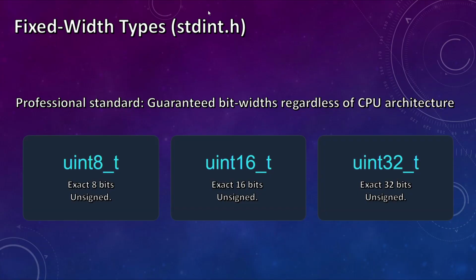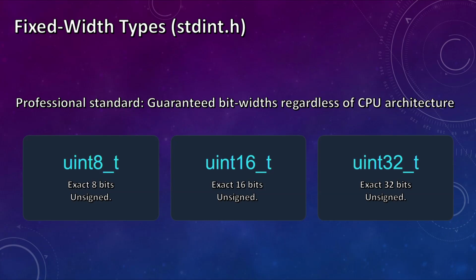The reason is simple. These data types have guaranteed size. uint8_t always means only 8 bits. Similarly, uint32_t always means only 32 bits. So this makes the code more reliable and portable across different systems.